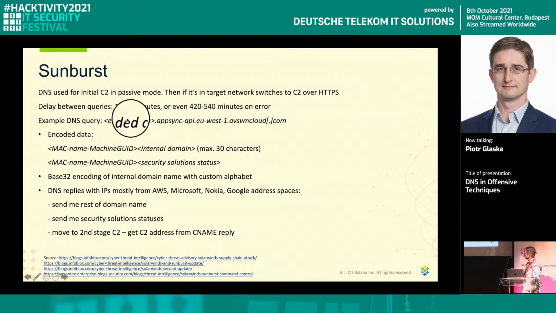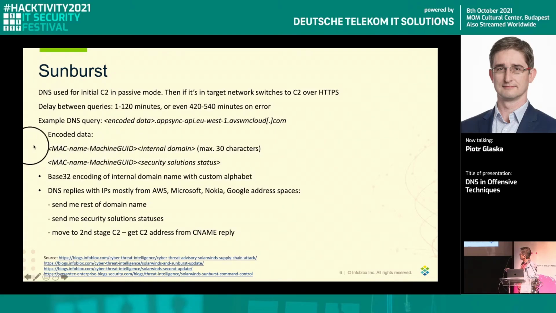The data was encoded with base 32 with a custom alphabet. Usually when we see an APT group, that's most likely what you would see: base 32, but not the standard RFC one, custom characters used for that.